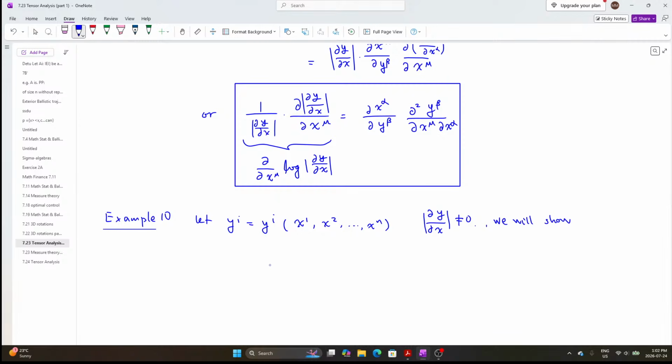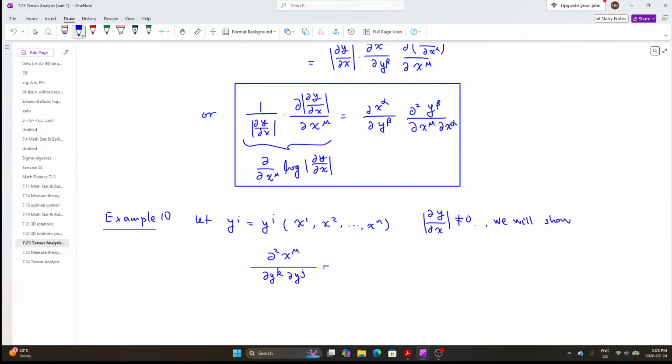So the second order derivative of the inverse function, namely the Hessian matrix, looks like this. d squared x^mu over dy^k dy^j, the second derivative.